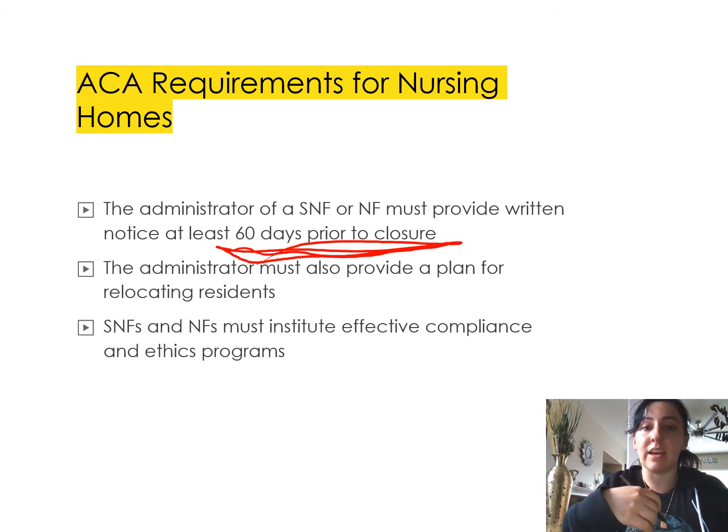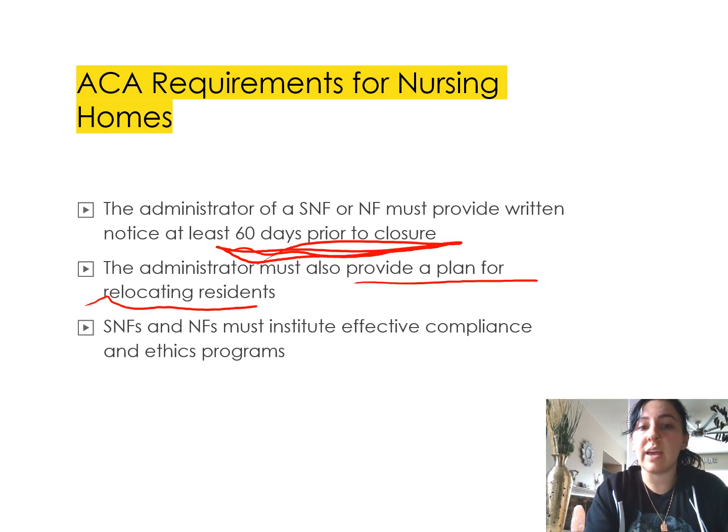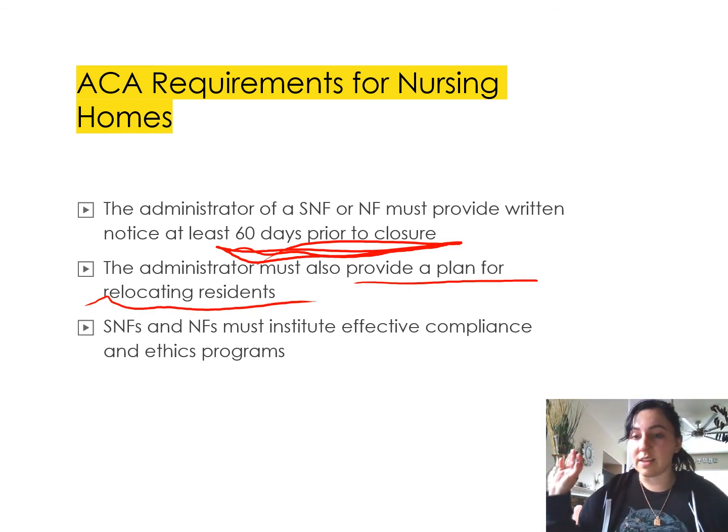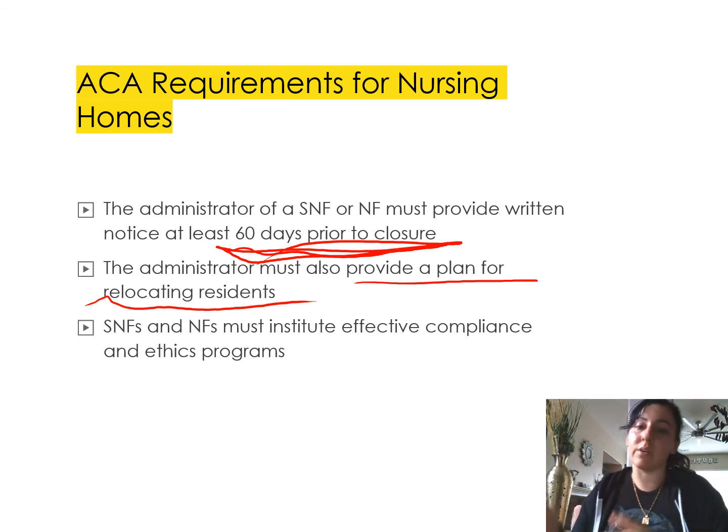Okay, you can't just go, oh no, we can't pay our bills, let's close down shop. Because you have patients that you have to care for. So you have to have a written notice for at least 60 days, and then you also have to provide a plan for relocating all of your residents. Okay, you can't just leave them hanging. You have to figure out exactly where they're going to go after this.